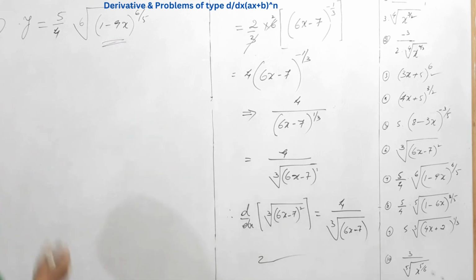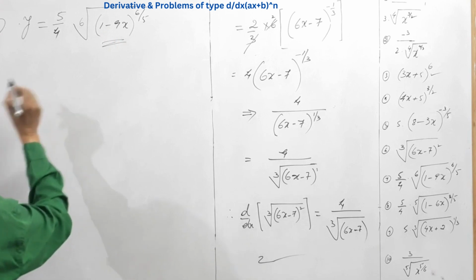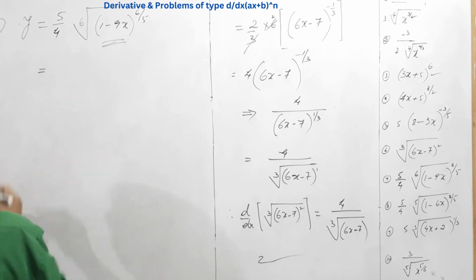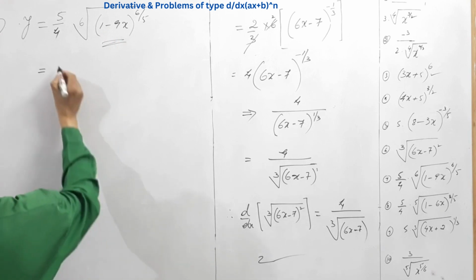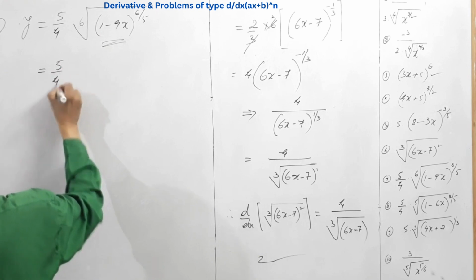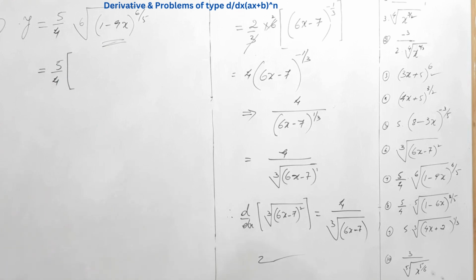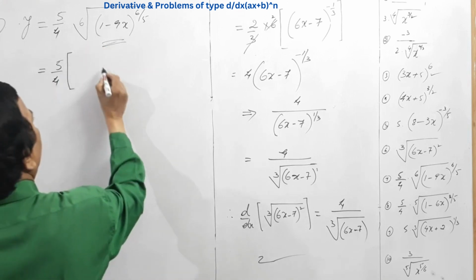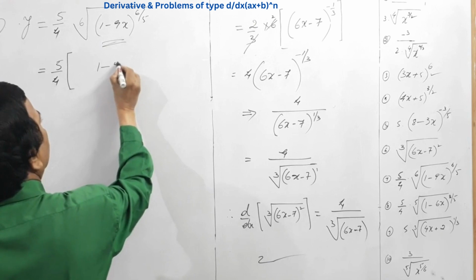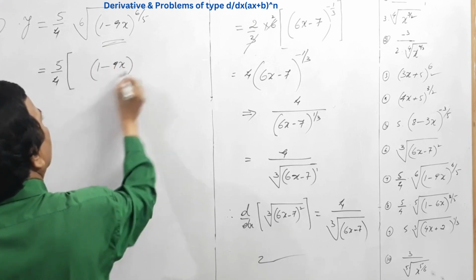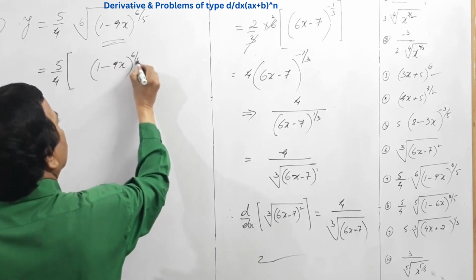Follow me. So what I'll do is, first we'll simplify this. I'll write 5 by 4 and let square bracket. So I'll do 1 minus 9x to the power of 6 by 5.